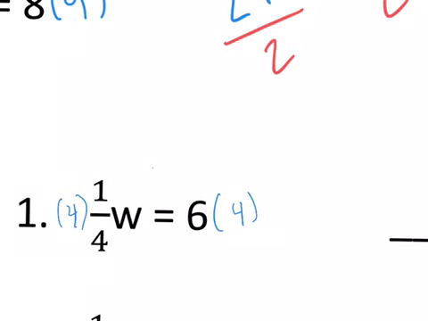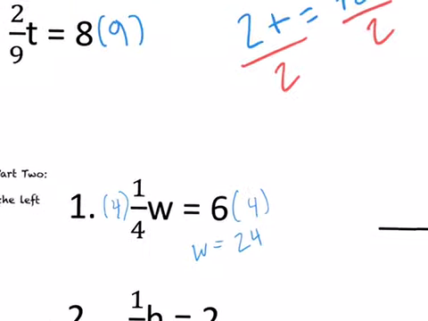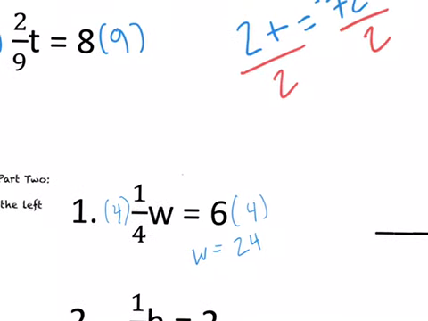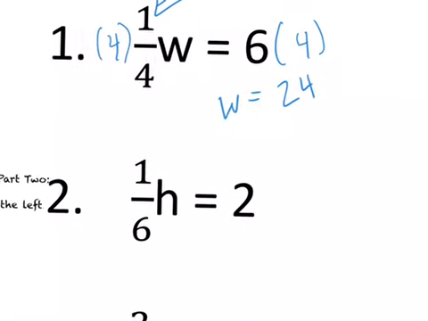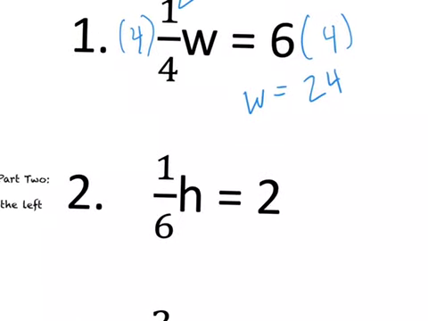So 1/4 W times 4 is just W, equals 6 times 4 is 24. And then my second step would be to divide by the numerator, but 24 divided by 1 is, of course, 24. All right, let's take a look at number 2.